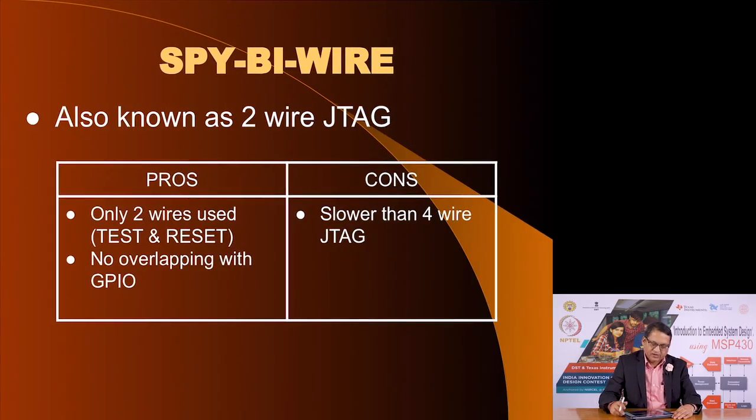Now, SPI by wire is also called a 2-wire JTAG interface, because although internally inside the MSP430 it invokes the JTAG, the external connections are just through 2 pins, and therefore the advantage is that the interface is simple, just involves 2 pins, and there is no overlap with GPIO pins.